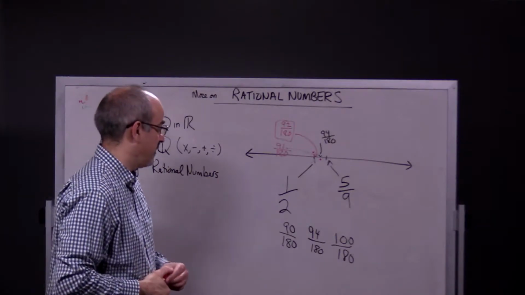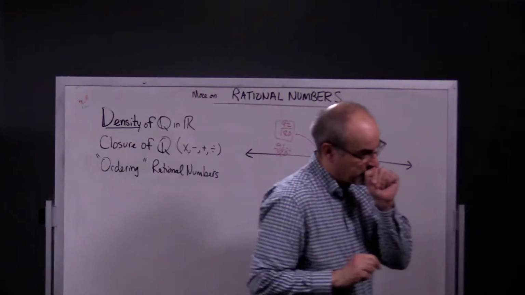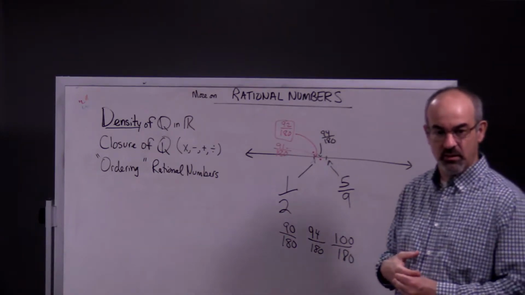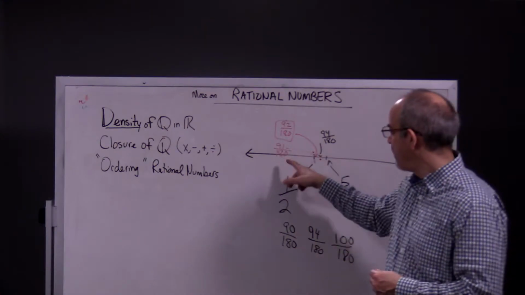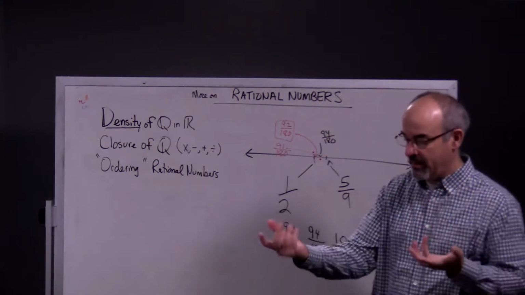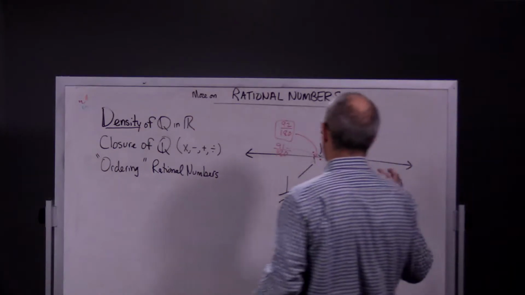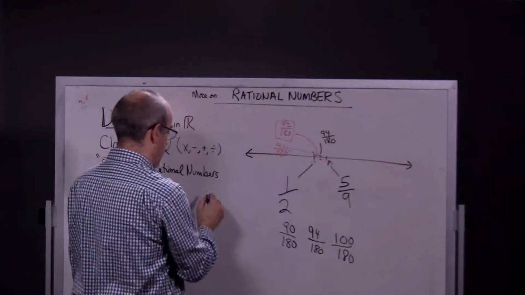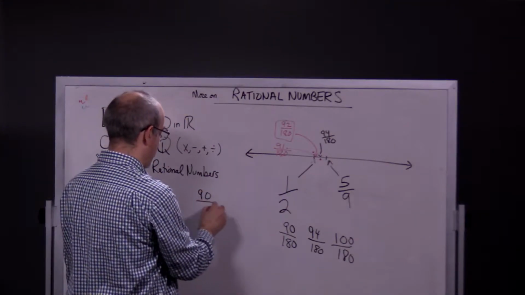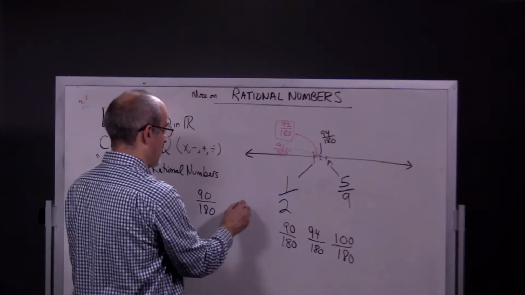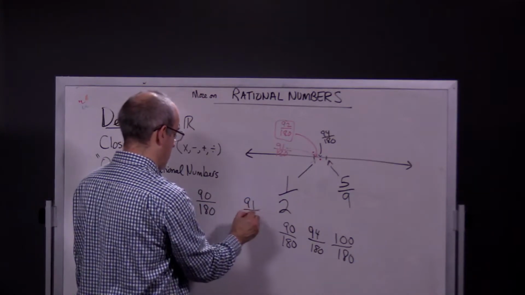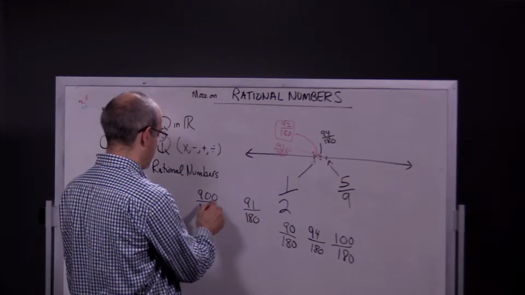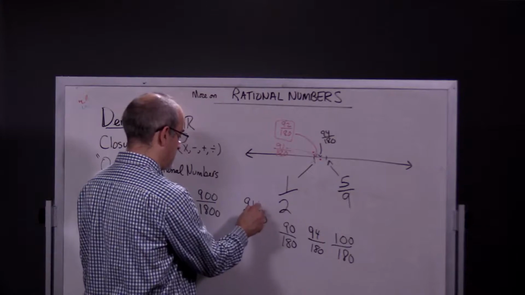And you can keep doing that. Now, you're probably thinking, well, really, there's one in between 91/180 and 90/180? Well, yeah, there is, because, watch this. It's kind of hard to see it on there now because everything's getting jammed together, but if I wanted to find a rational number in between these two, all I'd have to do is multiply each one by 10, 10 on top, 10 on the bottom.